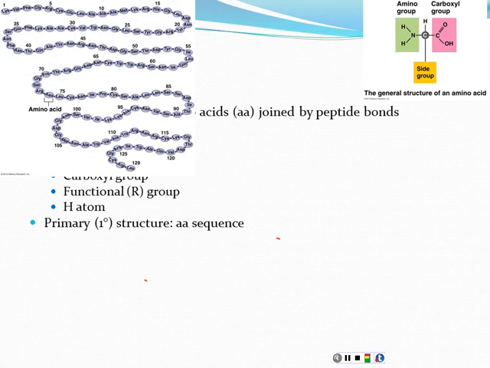To form a protein, you will first have amino acids forming the dehydration reaction with each other. So here's an amino acid forming, what kind of bond is this?